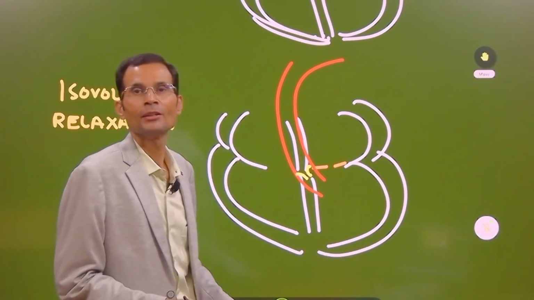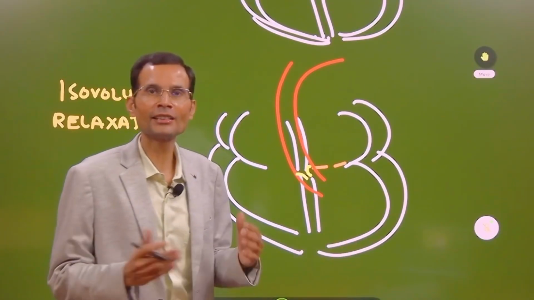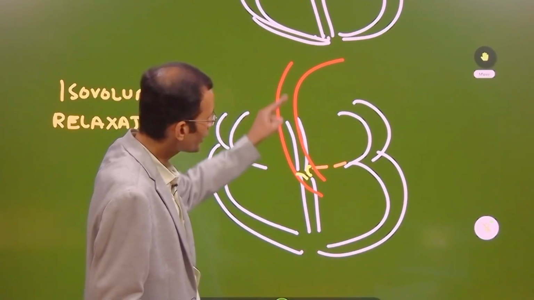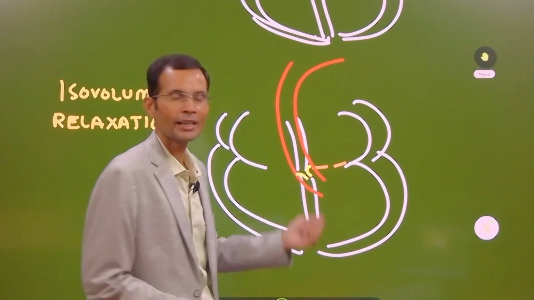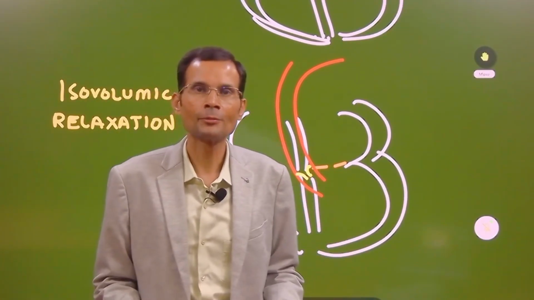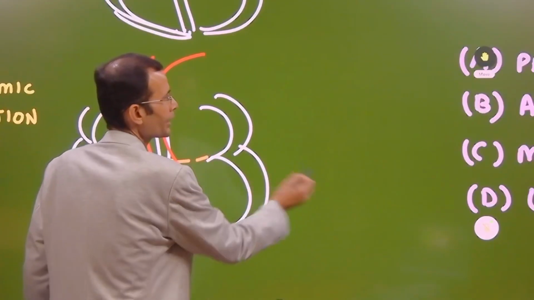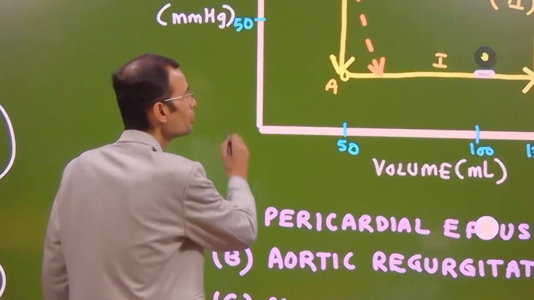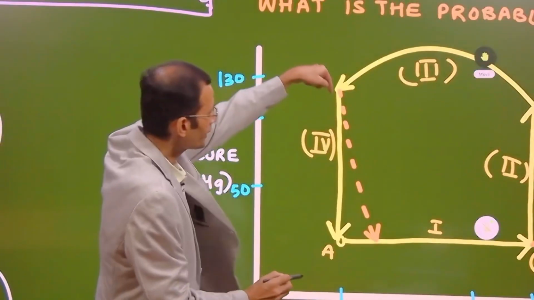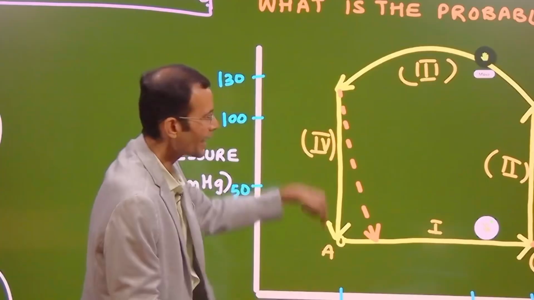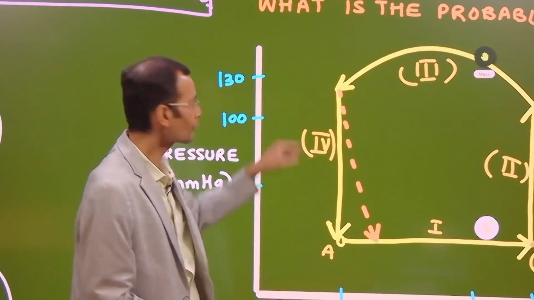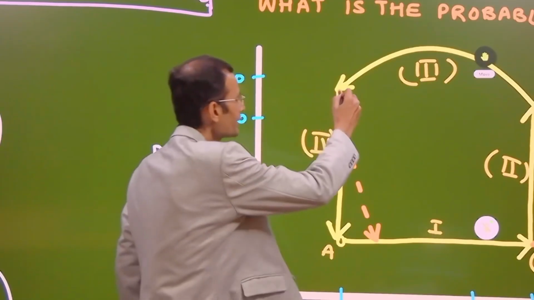In this case, during isovolumic relaxation, blood regurgitates back from aorta back into the left ventricle because aortic valve is regurgitant. And therefore, you can see here in the loop, this is the isovolumic relaxation. Straight line, volume same, not changing.